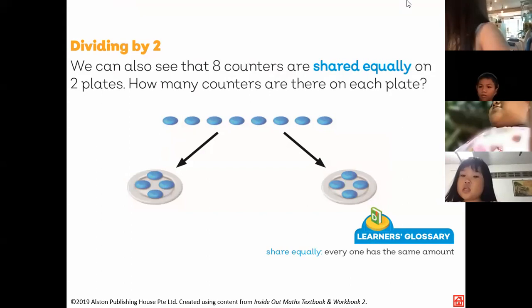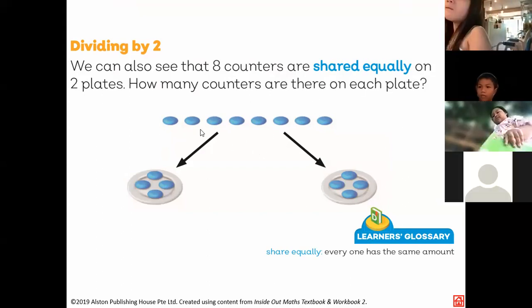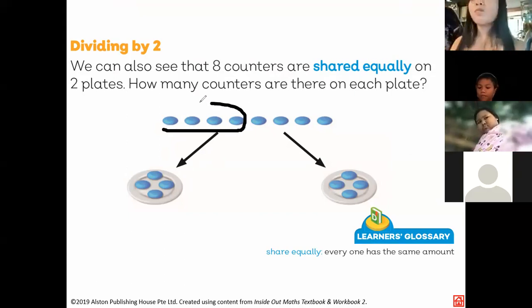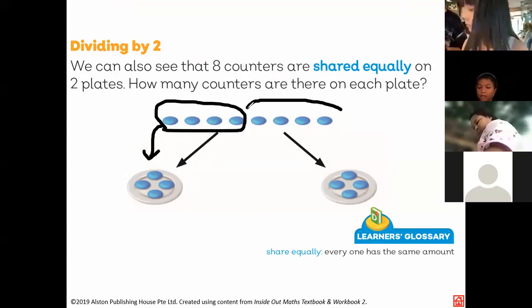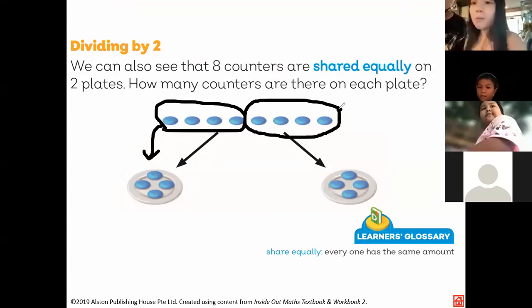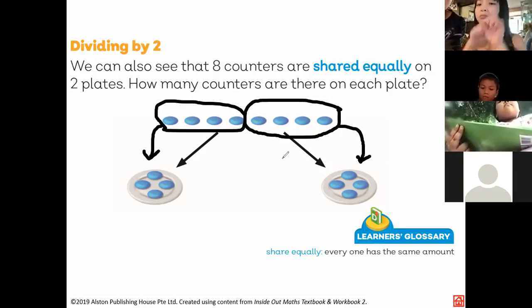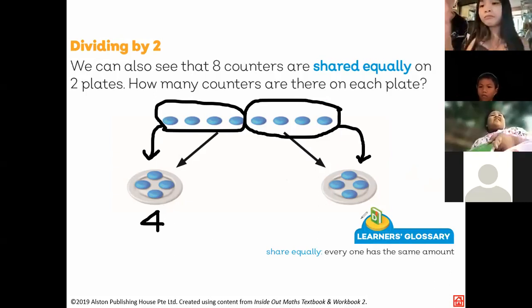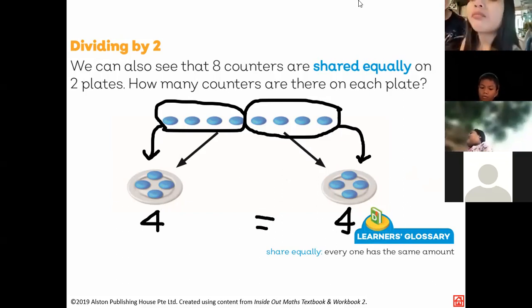So we have 8 counters shared equally on 2 plates. One plate has 4 counters, and another plate has 4 counters. So that's 4 and 4, equal, okay?